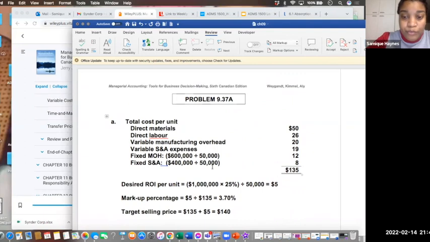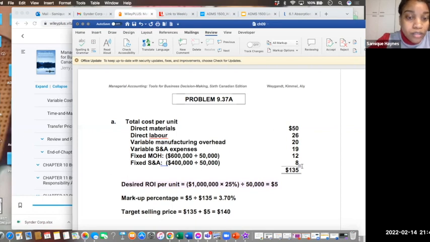So again, we were able to calculate our $5, right? What we needed to double check is, did we calculate our total cost properly? And I'm pretty sure that's what somebody said in the chat, 135. Direct materials, direct labor, variable overhead, fixed overhead, variable and fixed selling and admin. That is our total cost, right?